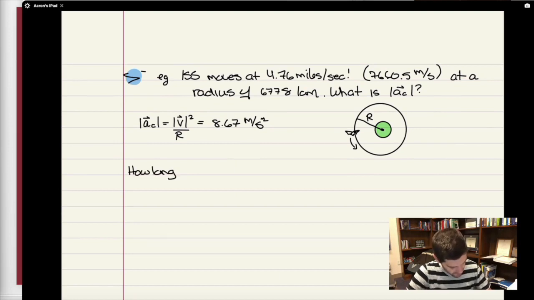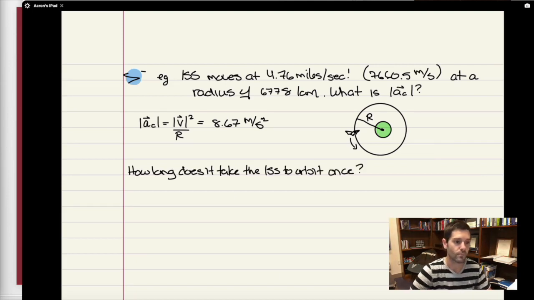How long does it take the ISS to orbit around once? This is called the period of an orbit.